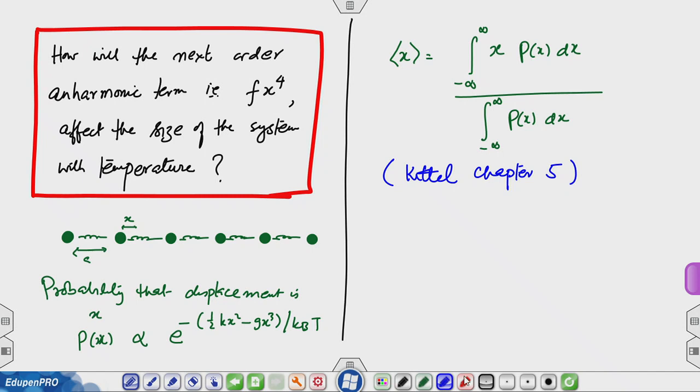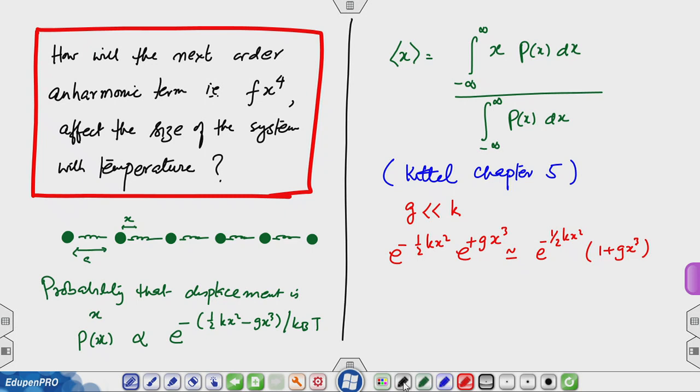And again, let me remind you that we are taking g to be much less than k, and therefore, we can make certain approximations. So, I am going to write e raised to minus 1/2 k x square, and e raised to plus g x cubed becomes e raised to minus 1/2 k x square times 1 plus g x cubed, and we stop at cubed.